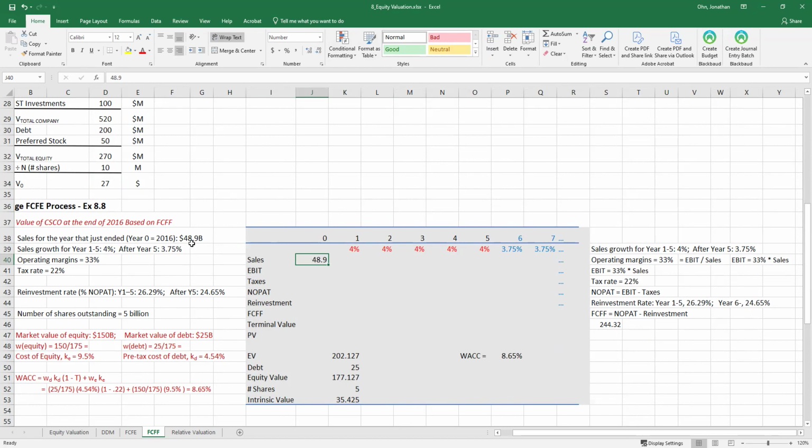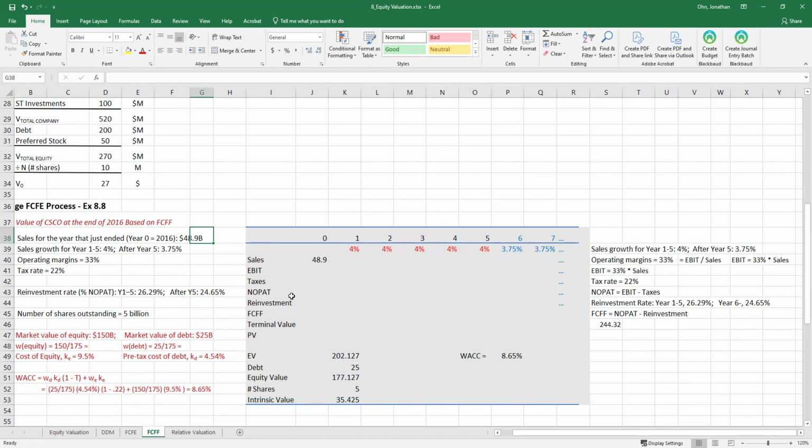This sales is projected to grow at 4% for the first five years, and after that it will stabilize at 3.75%. We saw that last time, right?